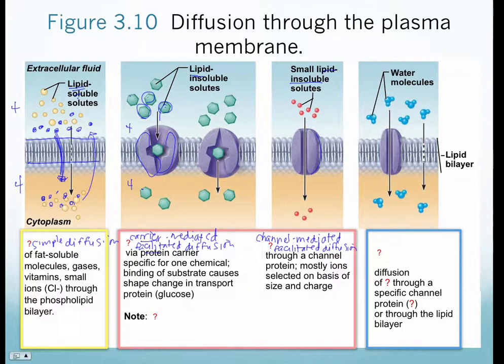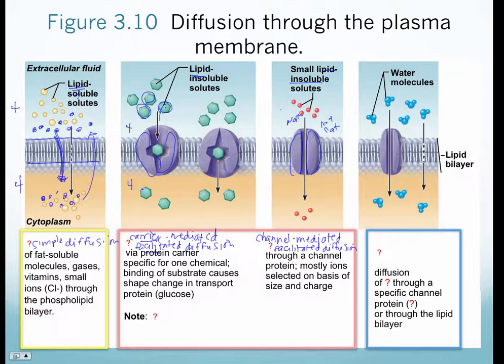But this one doesn't need to be carried in. It's small enough just to go through this little canal created by our protein, and it's usually determined by your size and your charge. So for ions, you have sodium channels, potassium channels, calcium channels. They can easily allow these ions to go from the outside towards the inside.